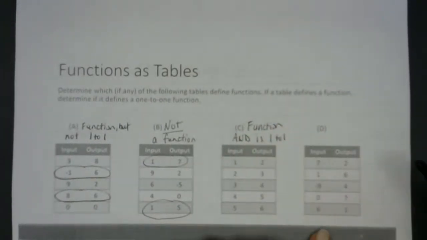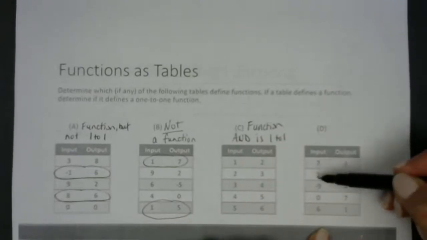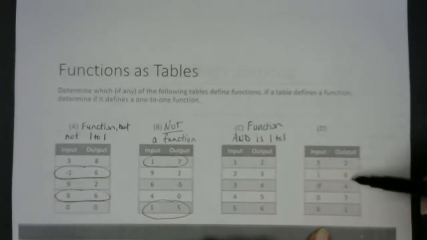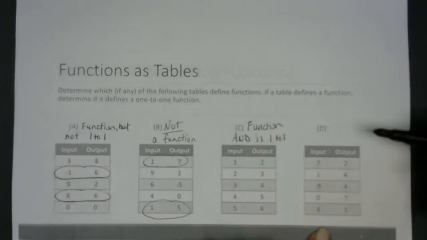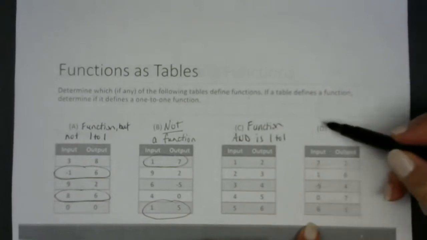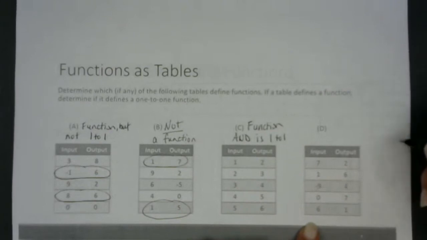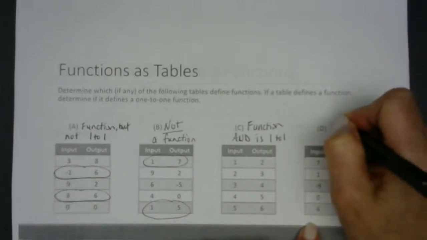Okay, look at this last table. 7 results in 2, an input of 1 gives us an output of 6, negative 9 to 4, 0 to 7, 6 to 1. Well, let's see. There are no repeats on the input, so from the evidence given there's no possibility that this is not a function. So I would say, yes, it is a function.